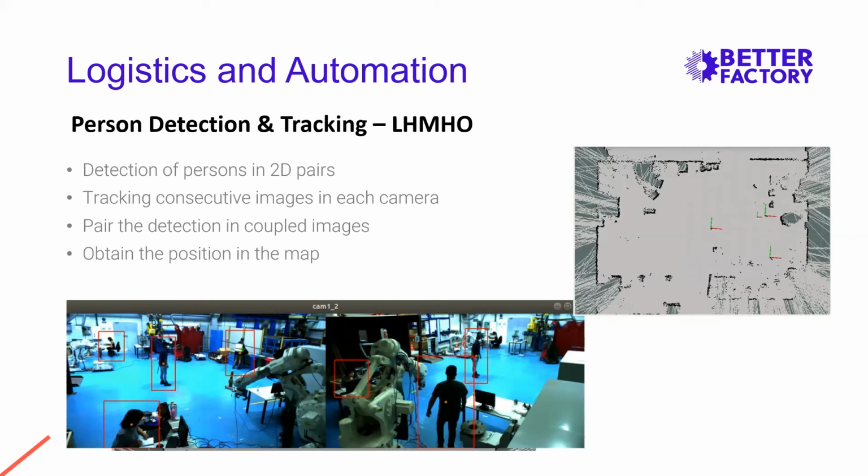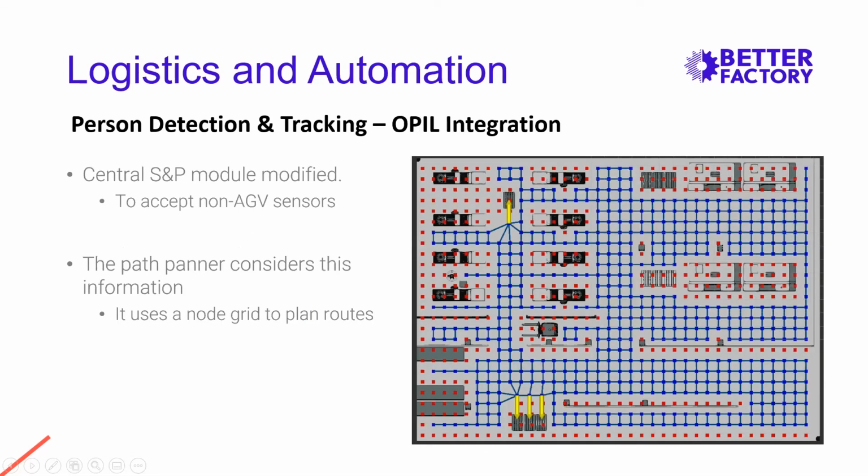Detecting several persons and knowing the correspondence between all of them in different images is the hard part of the implementation. Then we obtain the position in the navigation map, and this information is forwarded to the context broker.